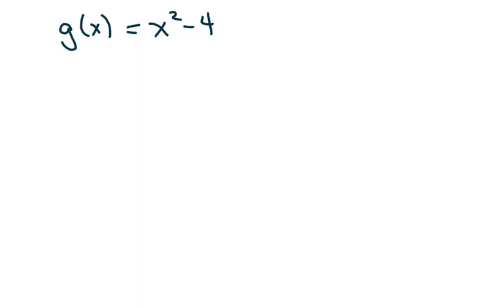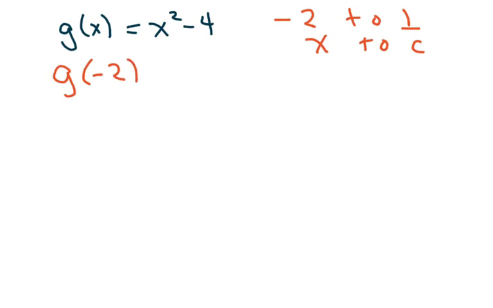Okay. The next one, same thing. We're going to go from negative 2 to 1, which is x to c. And I'm just going to plug in g of negative 2 and g of 1. When I plug in negative 2, I get 0. When I plug in 1, I get negative 3.